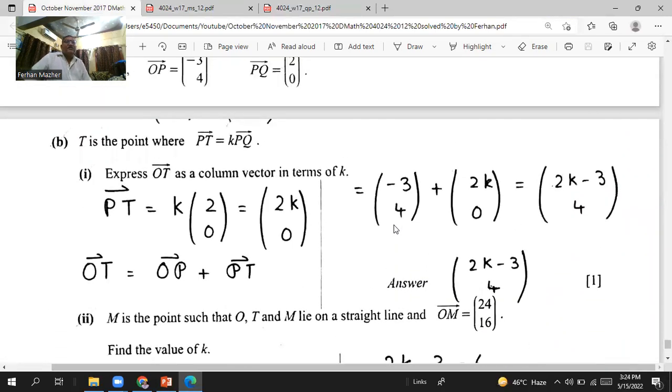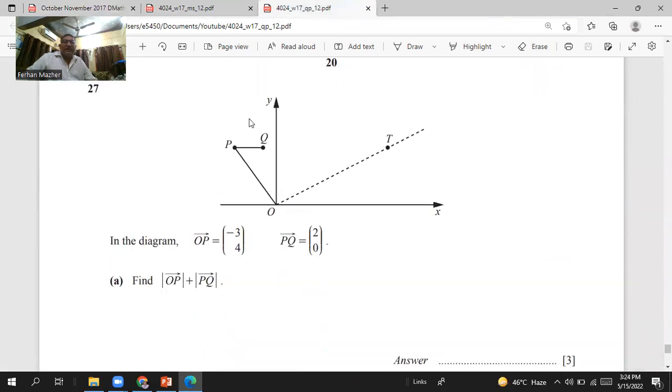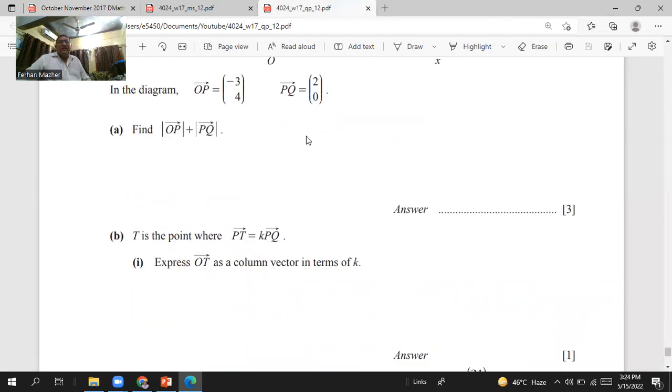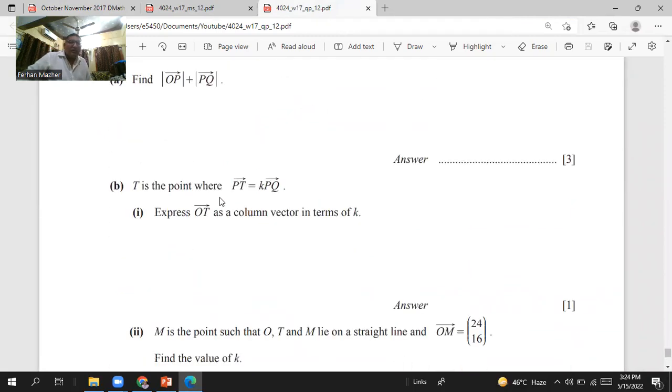Then the question is, T is the point where the PT is equal to K times the PQ. So let me understand this. T is the point such that the PT, P to T, is K times PQ. It is K times of the PQ. Okay.